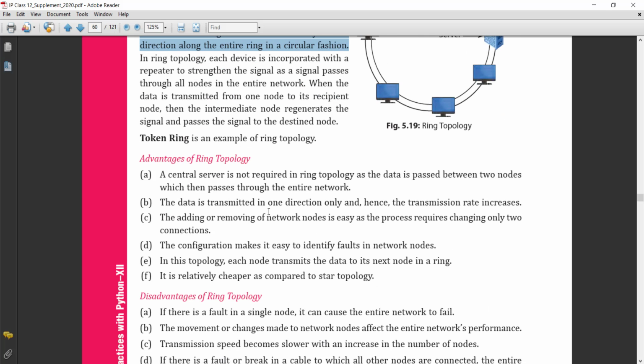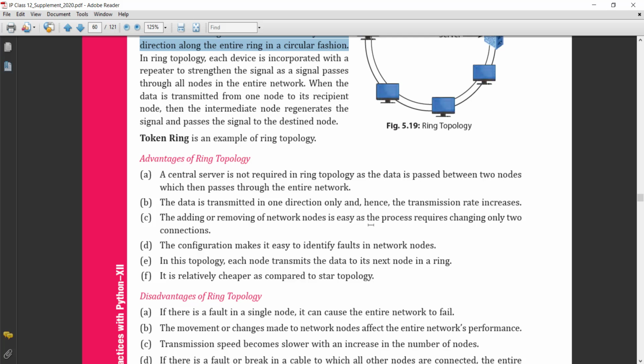Now we understand the advantages of ring topology. A central server is not required in ring topology, as the data is passed between two nodes, which then pass it through the entire network. The data is transmitted in one direction only, and adding or removing a network node is easy.